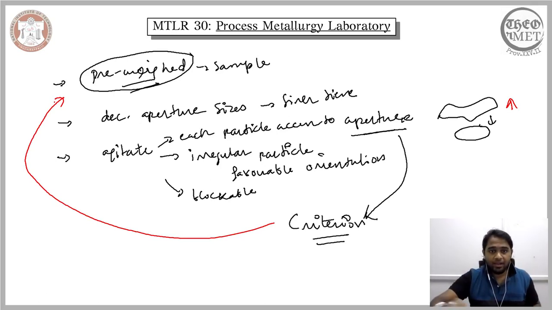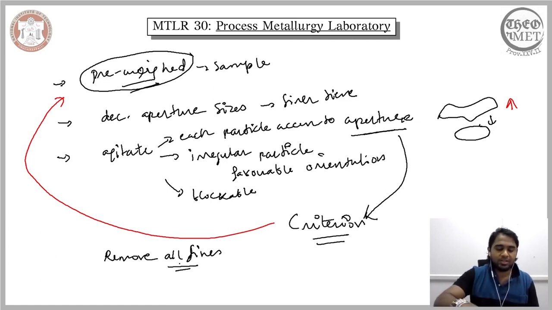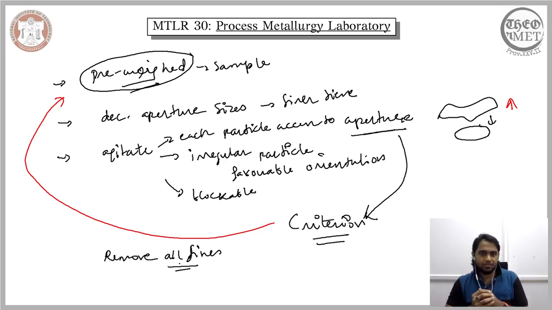Secondly, because this criterion needs to be fulfilled, we attempt to remove all the fines from the mixture initially. Before considering a particular set of fragments for sieve analysis, we attempt to remove all fines and all particles that may cause blockade of these apertures in the initial state.